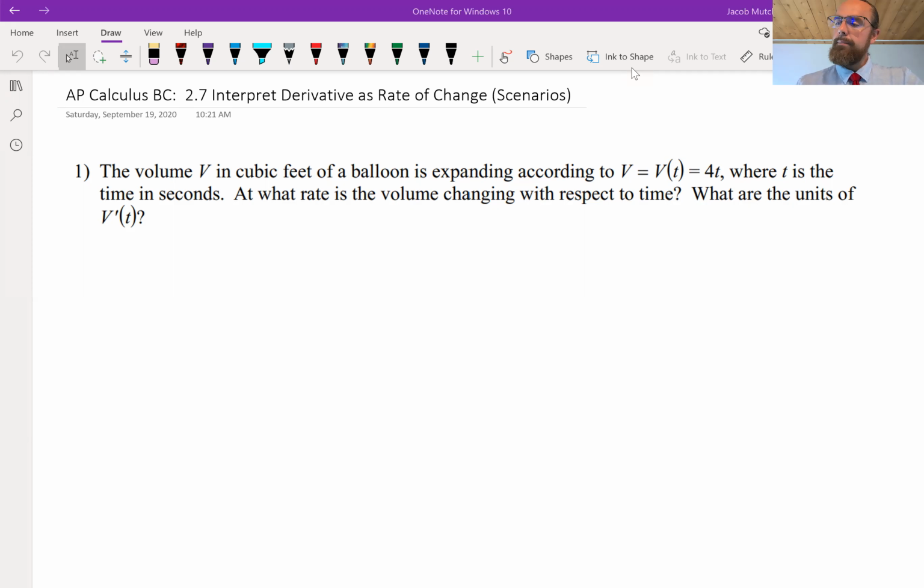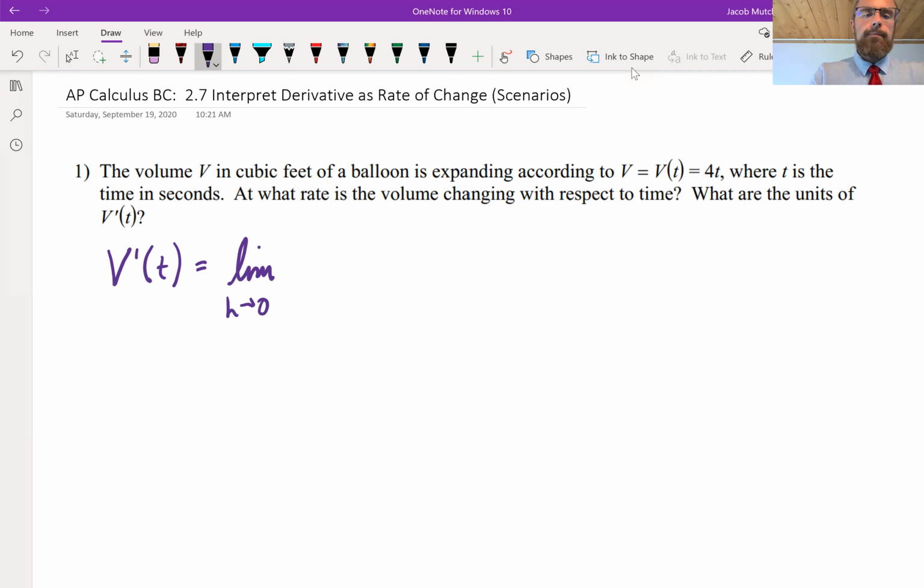So we'll begin by remembering how we define the derivative. The derivative of the volume function with respect to time, by definition, is the limit as h approaches 0 of this difference quotient: V at t plus h minus the original V of t, all divided by h.